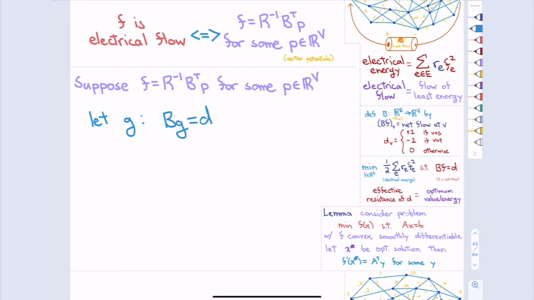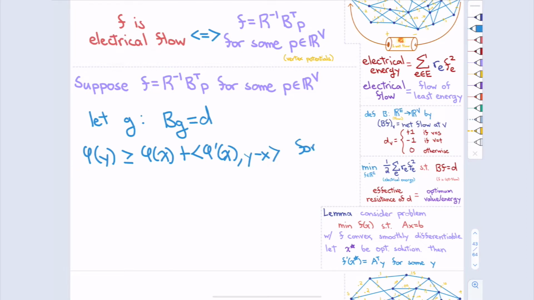Okay, and we know that for any convex function phi, we always have this thing, where if I am looking at a point on the curve and I draw out what the derivative would project, the curve is lying above the derivative.